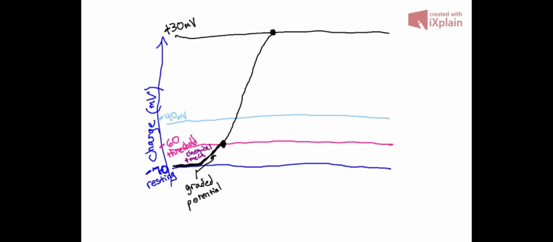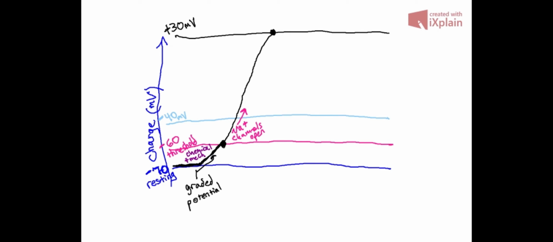And when it switches off, the sodium gated channels close. So down here, the sodium channels open, and it makes the sodium come into the cell, making it more and more positive.